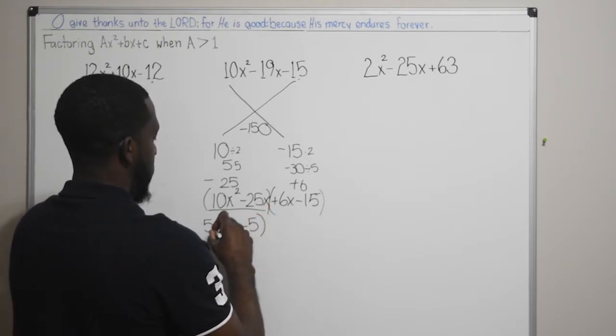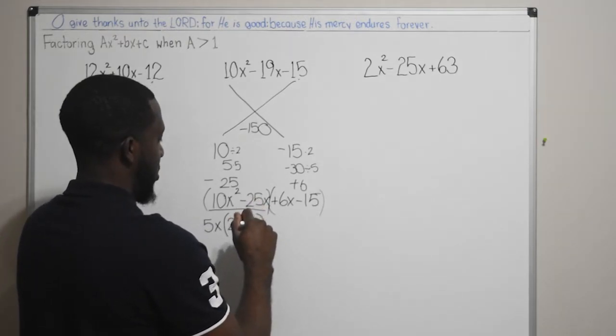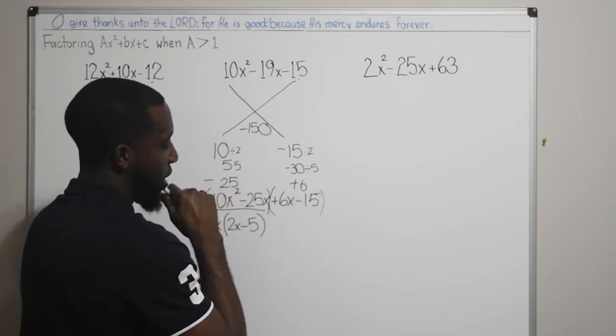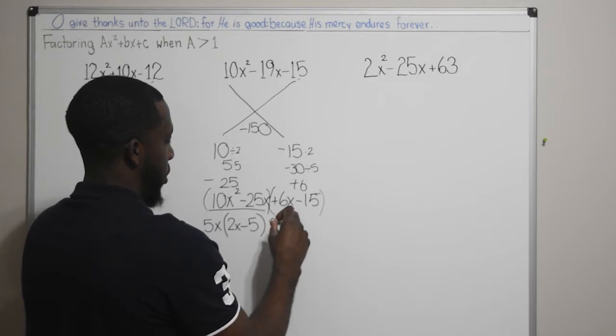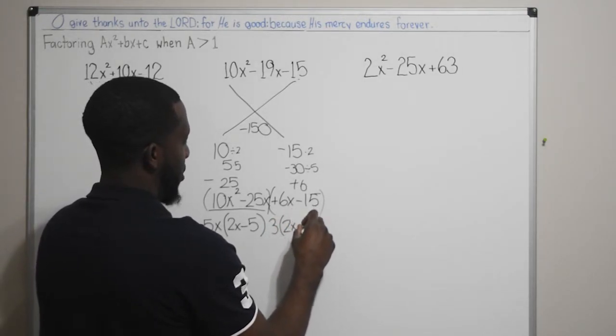Okay, well, there's 5x times 2x, 10x squared. 5x times negative 5 is negative 25x. Okay, so we're good. All right, so right here, I'm gonna pull out a 3. Okay, so I'm left with 2x inside minus 5.